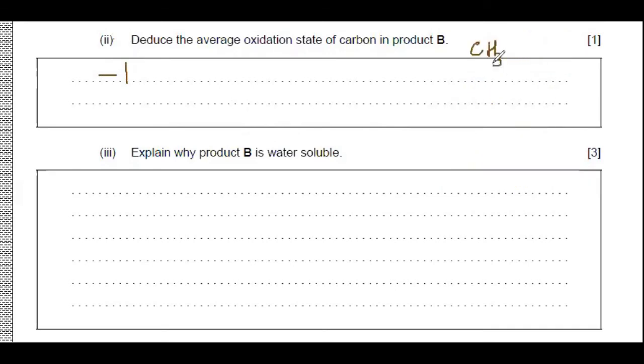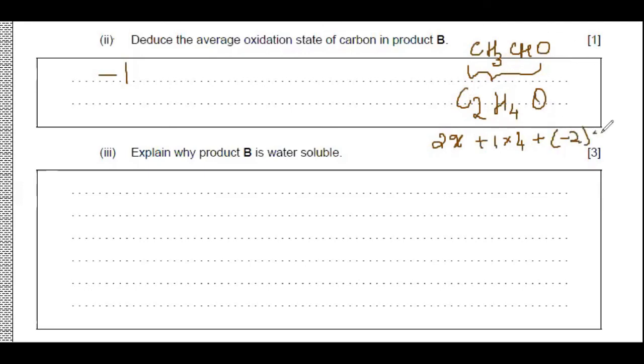The compound is CH3CHO. We can write its molecular formula. I think that would be easier, though a bit time consuming. So 2 carbons, it would be C2, 4 hydrogens, H4, and oxygen. So carbon, we don't know how much it is, 2 of them, 2 times X. Hydrogen is +1, 4 of them, times 4, plus oxygen is -2.